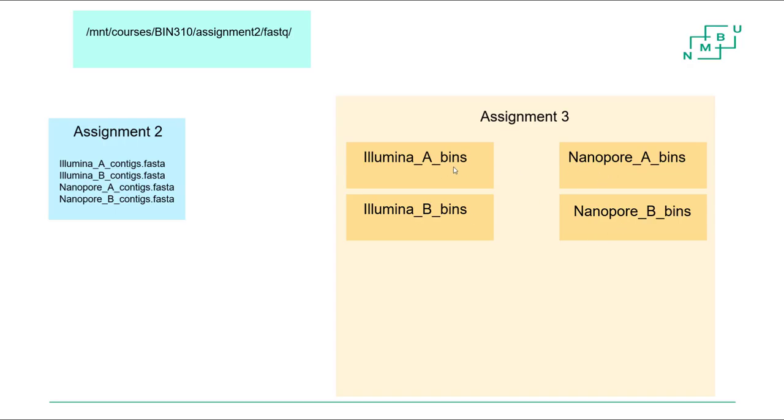Notice that at this stage it doesn't matter if the contigs are from Illumina or from Nanopore originally. Contigs are contigs. So the binning tools are the same regardless of how the raw data look, because now we are no longer on the raw data, now we are on the contigs, grouping the contigs.